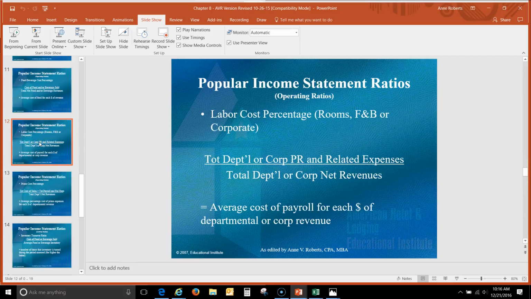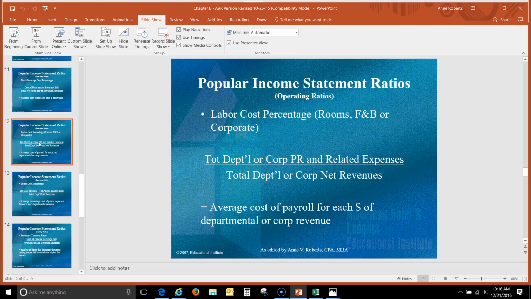All right. The next one, we've got our labor cost percentage. So now again, think, the last ratio was evaluating the actual cost of the food or the beverage. So what's the invoice amount for the purchases from the distributor for the alcohol and the distributors for the food, okay?